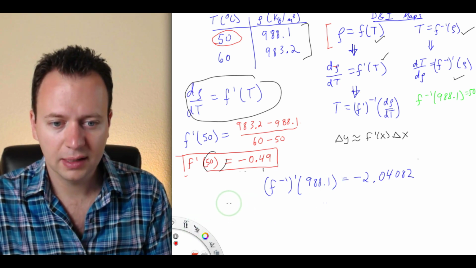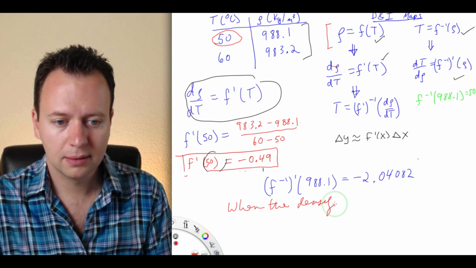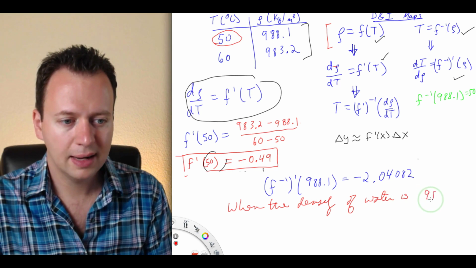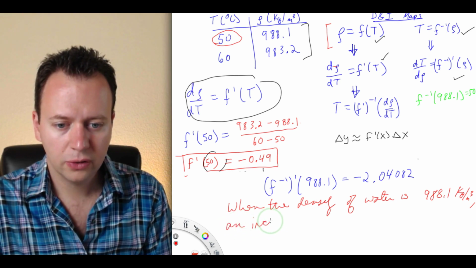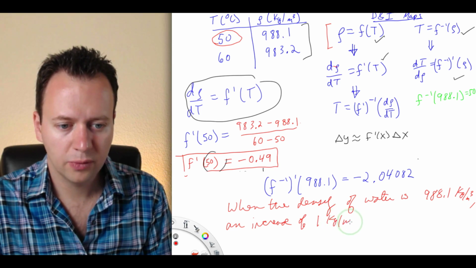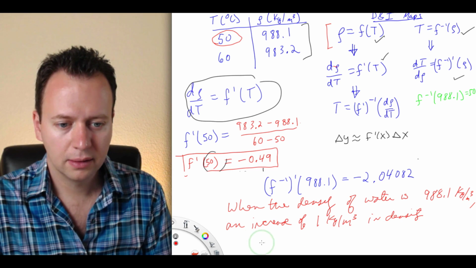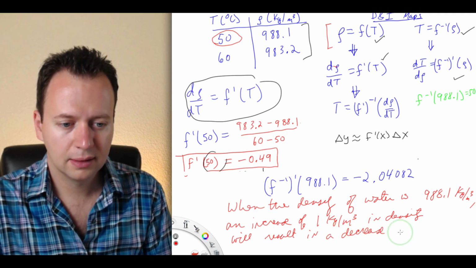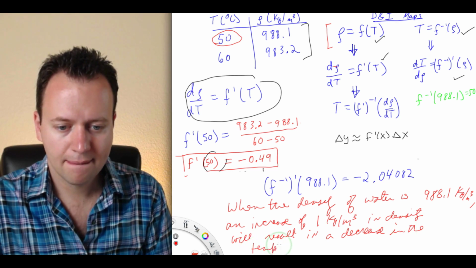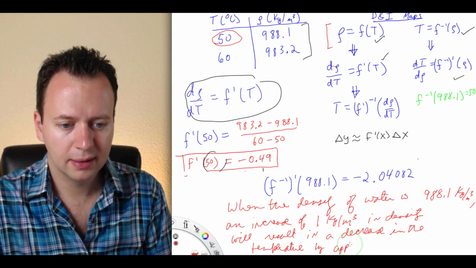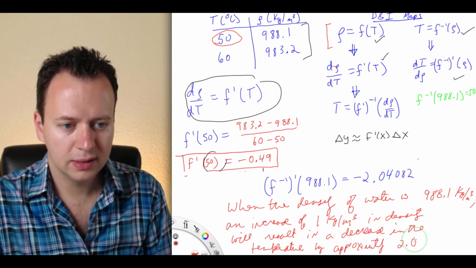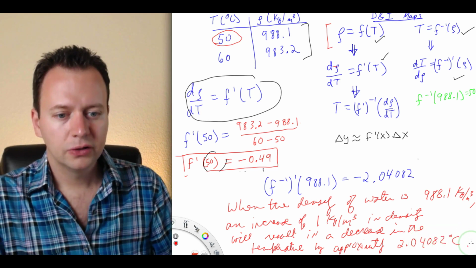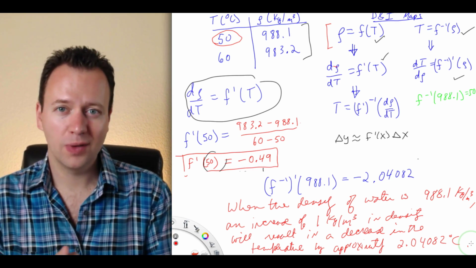So the physical interpretation of this is when the density of the water is 988.1 kilograms per cubic meter, an increase of 1 kilogram per cubic meter in density will result in a decrease in the temperature by approximately 2.04082 degrees Celsius.